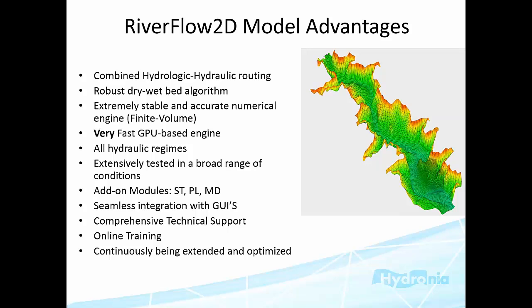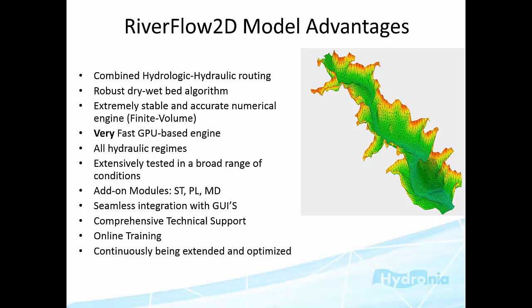One of the things we have at Hydronia is that we have a very strong collaboration with other institutions, and the main collaboration we have is a strong agreement with the University of Zaragoza, which has probably the most respected computational hydraulics group in any university internationally.